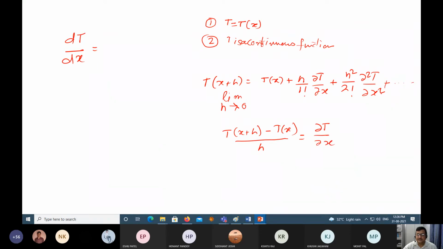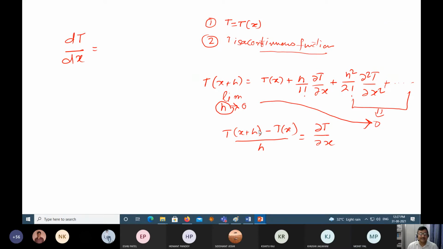These I put to 0 because h is going to 0 and T is continuous. This is the formula of the derivative, right? Am I correct? Yes, sir.